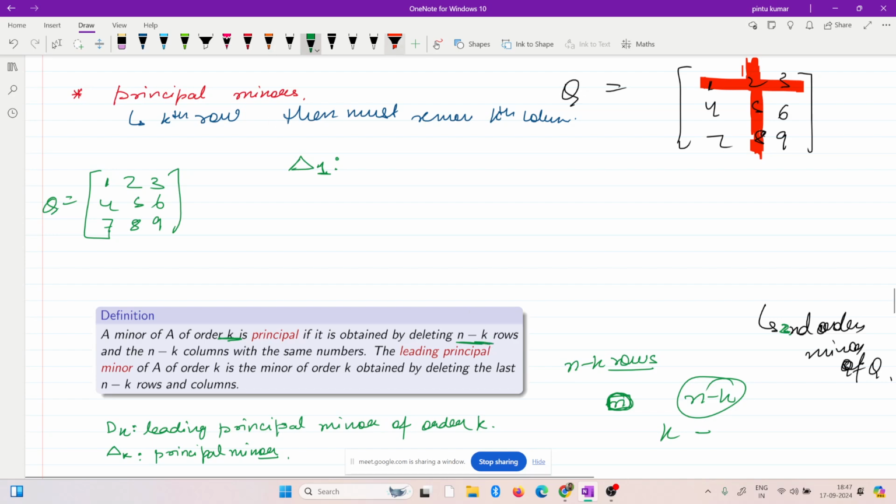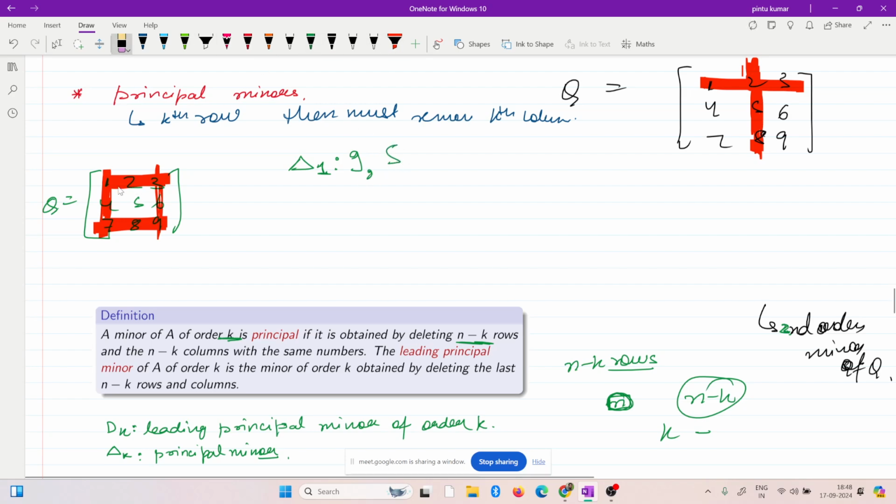So the first option is you remove the first row, second row, and first column and second column. So this goes out, this goes out, this goes out, this goes out. What is left? 9. Another option is you can remove the first row, first column, then third row and third column, right? Then you have 5 left.